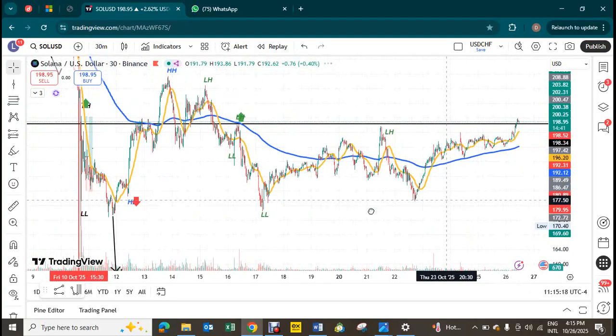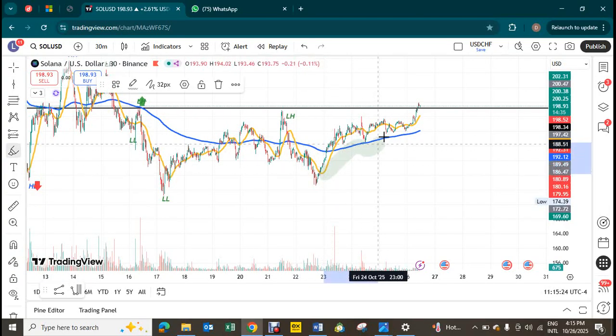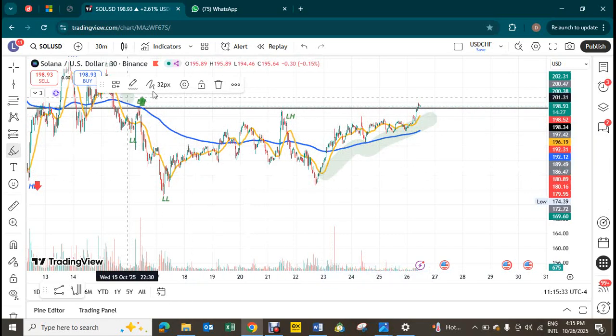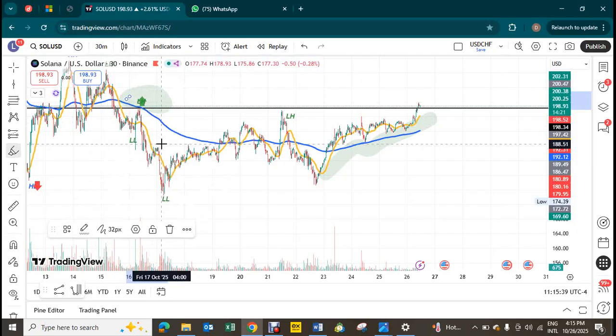So the price came down, didn't pass the lower low, and what happened? Price started going up. This black line, which I explained minutes ago, was the previous lower high, which is this one here. If price breaks it, it means the market has shifted from going to the downside to going to the upside.